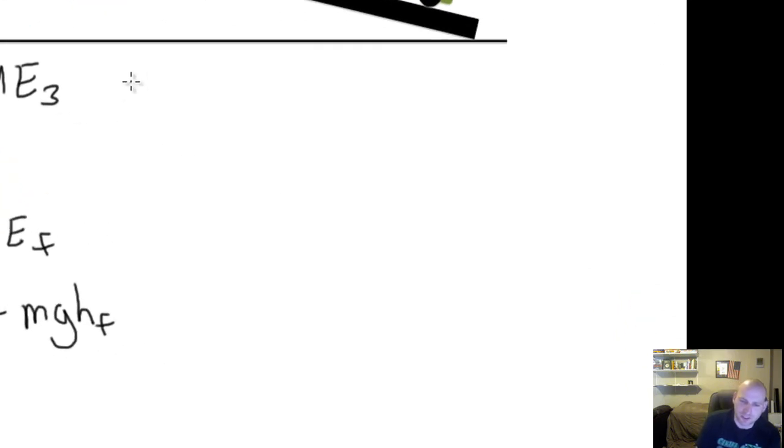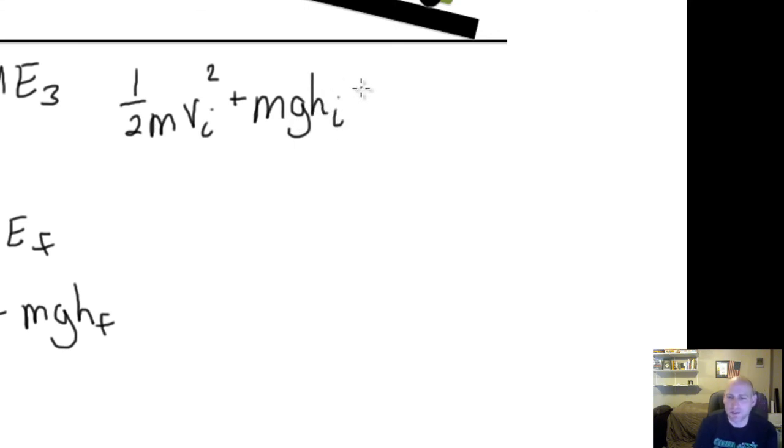So let's go ahead and write this out as 1/2 my mass times my initial velocity squared plus my mass times the acceleration of gravity times my initial height plus 1/2 my spring constant times my compression or stretch squared. And that's my initial compression or stretch. If I don't have a spring, well, that's 0, so that term goes away. And then that's going to equal, on the other side of the equation, I'm just going to finalize all of these.